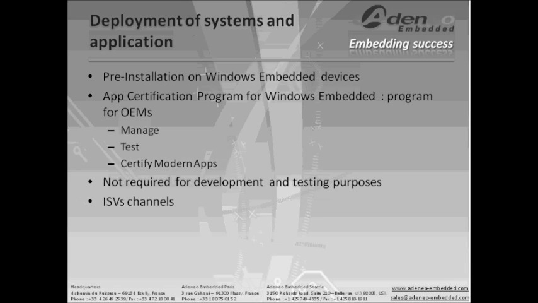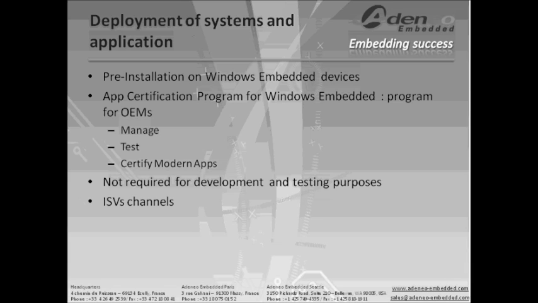Once you have completed your development and are ready to provide your apps to an OEM for pre-installation on Windows Embedded devices, in a production scenario for example, these applications must be certified through the ACPWE process.